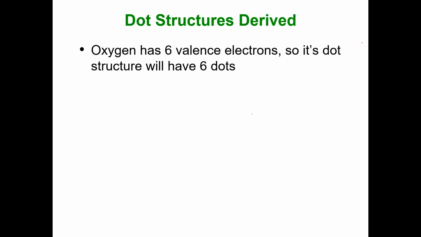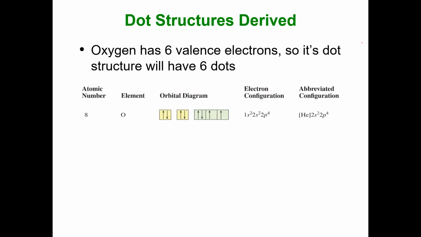So we know that oxygen's in group 6A, so oxygen has 6 valence electrons. We see this in the electron configuration and in the abbreviated configuration as well. Oxygen is in the second period in the p block, in the fourth position of the p block, but another way of looking at it is that it's in group 6A.